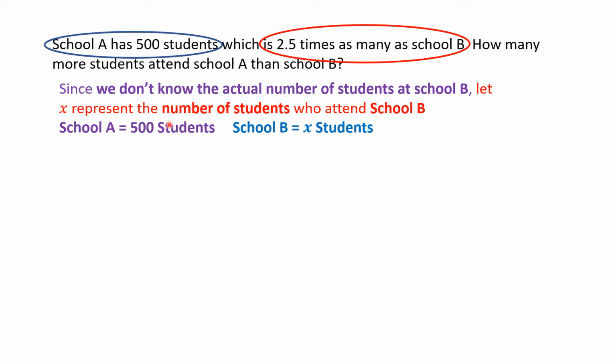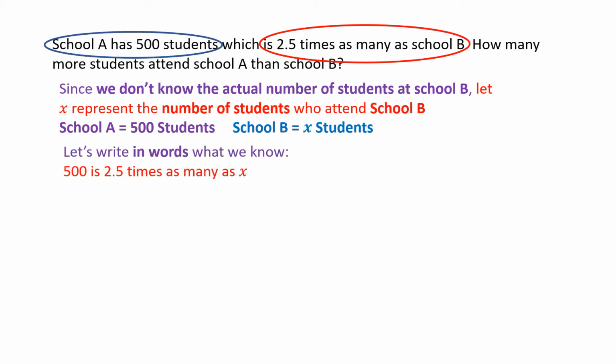So we know School A has 500 students because it told us, and we're going to let X be the number of students at School B. So School A has 500 students and School B has X students, and we'll replace X with the number attending School B as soon as we figure it out.